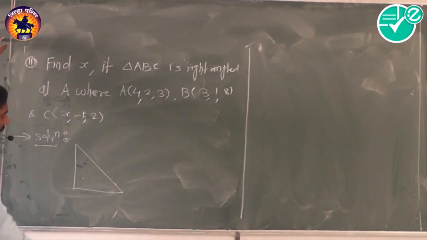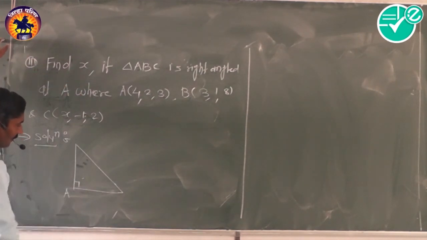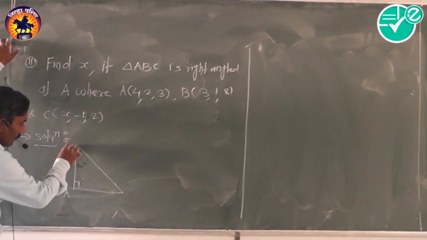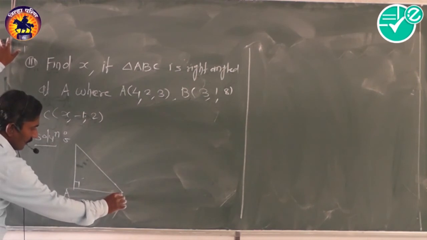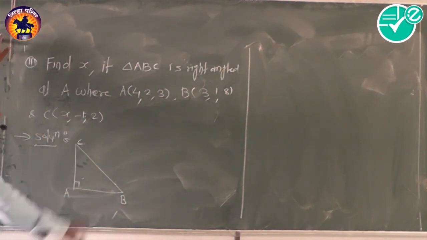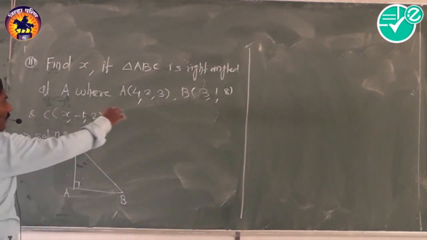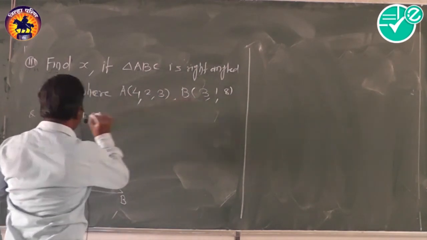So in triangle ABC, A is the right angle. Now these are the vertices A, B and C.